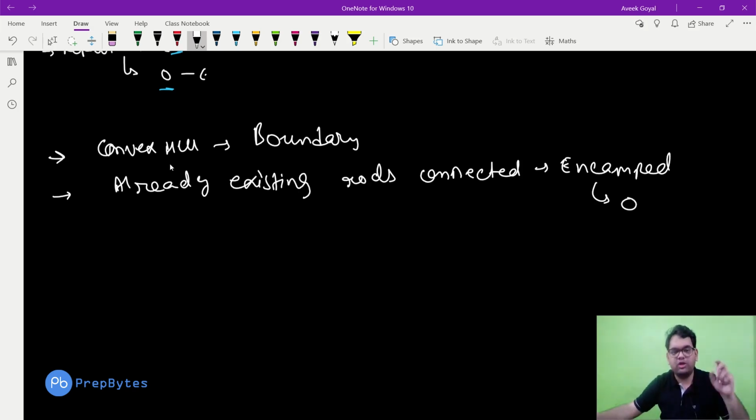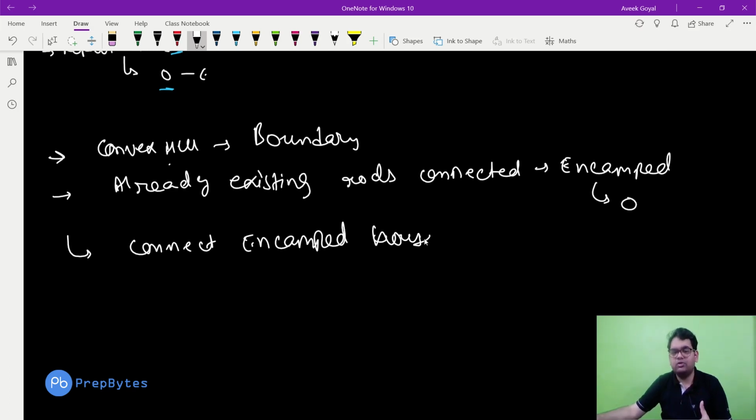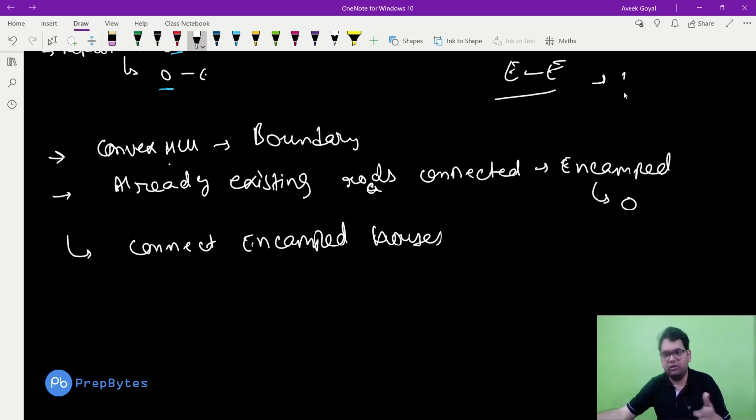If there are no roads connecting my encamped houses, then we need to create roads connecting two encamped houses in this convex hull. In that case it will cost me 1 unit. But if there is one available, use those which are available.